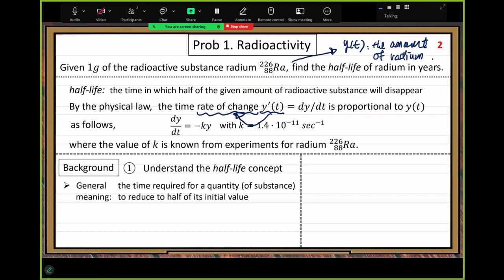Then we can do things very generally. It's not necessarily connected to radioactive substances.